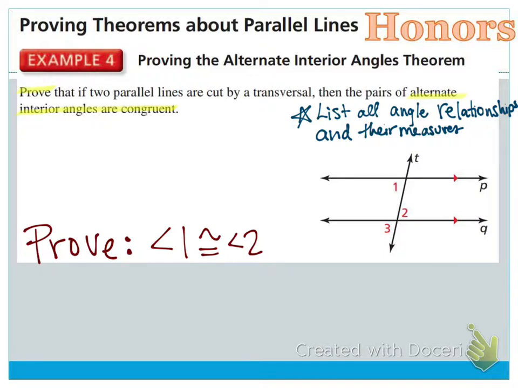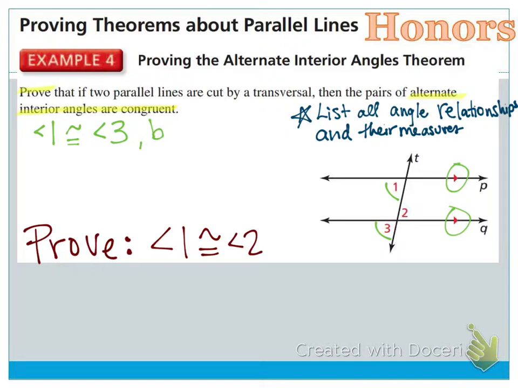So pick a pair of angles. 1 and 3. Okay, let's talk about angle 1 and angle 3. What do we know about angle 1 and angle 3? They're corresponding. So what do we know about corresponding angles when you have parallel lines? They're congruent. So we know angle 1 is congruent to angle 3. So that is the angle relationship, that's their measure.